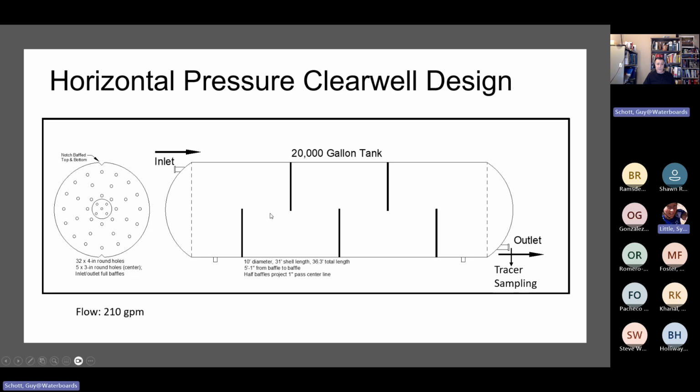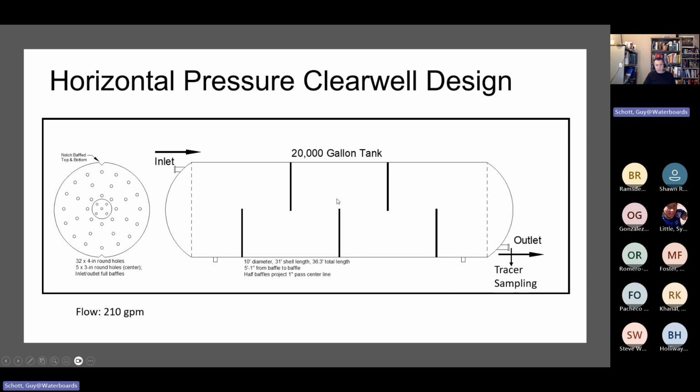Yeah, that's how I'm thinking, is that the velocity is very slow, so there's really no mixing going on. And I'm thinking the water is going to come in like this and then come out. What I would have done is extend these baffles not all the way to the end, but pretty close to that, so that it forces the water to go serpentine up and down versus just going through here.